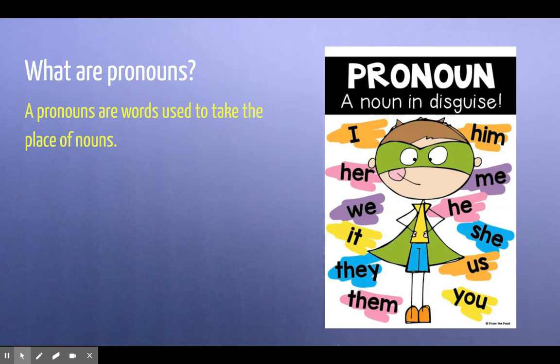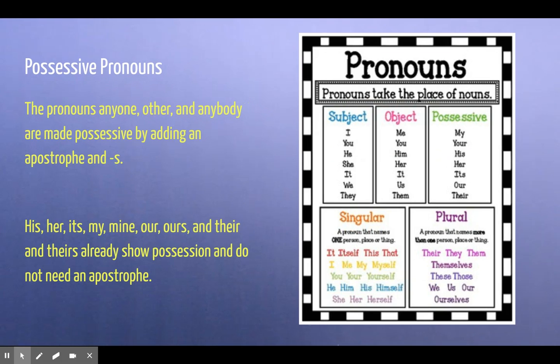So a pronoun could be I, her, we, it, they, them, you, us, she, he, me, and him. All of these are going to take the place of a noun. So a person or two people if it's we. So we're going to talk about how we make those pronouns possessive.